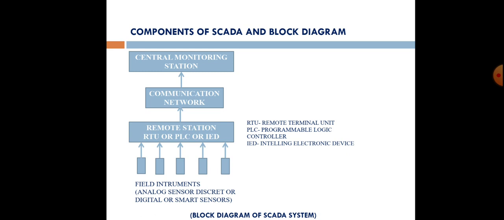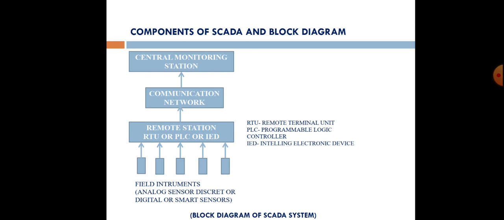Field instrumentation includes the instruments connected with the equipment or machine to be controlled. These are sensors necessary for monitoring some parameters, or actuators to control some modules of the system. Analog type sensors convert the physical parameters like fluid flow, velocity, fluid level, temperature, pressure into analog electrical signals.